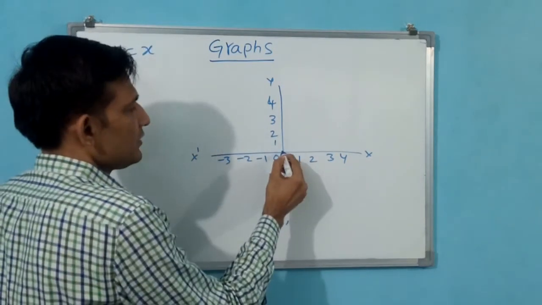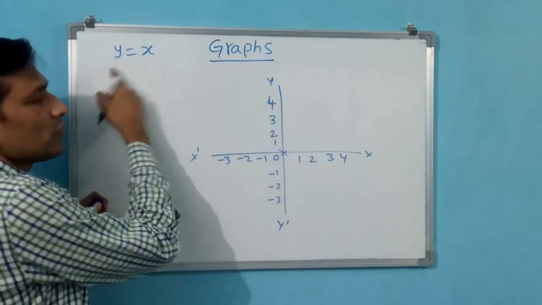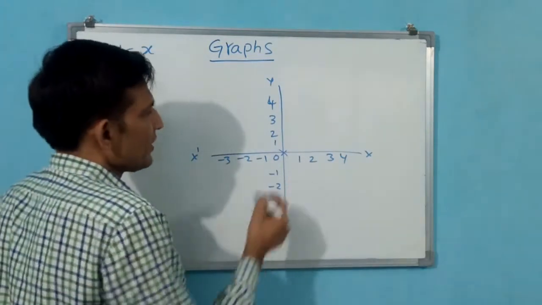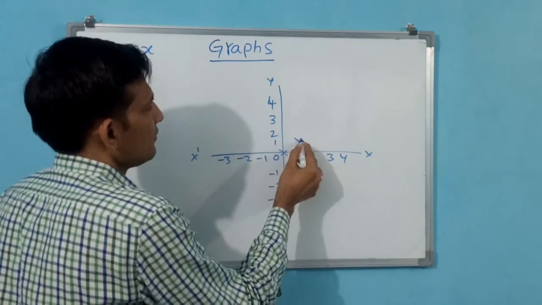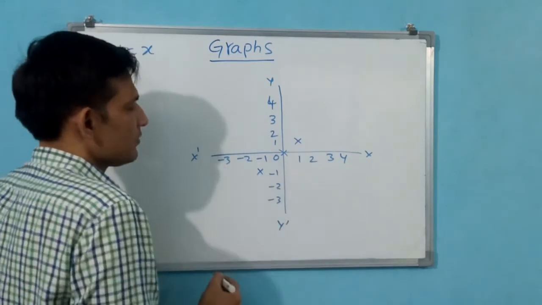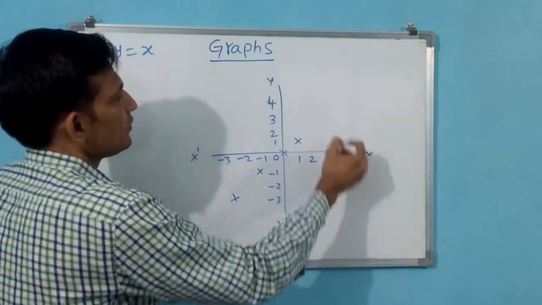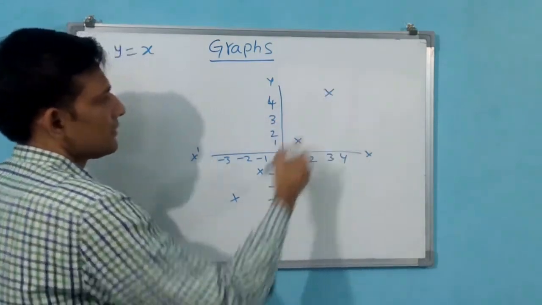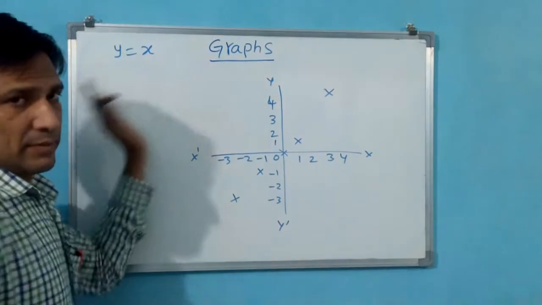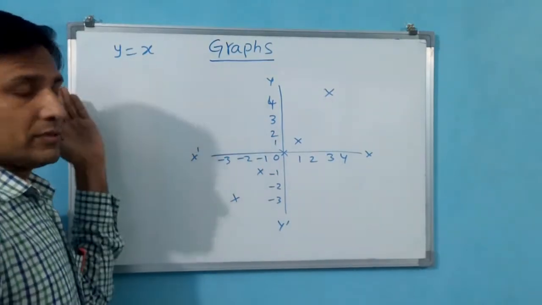Okay. When x is equal to 0, y is equal to 0. Why? Because both are equal. When x is equal to 1, y is equal to 1. When x is equal to -1, y is equal to -1. When x is equal to -3, y is equal to -3. When x is equal to 4, y is equal to 4. Both are same, na? X is equal to y, y is equal to x.